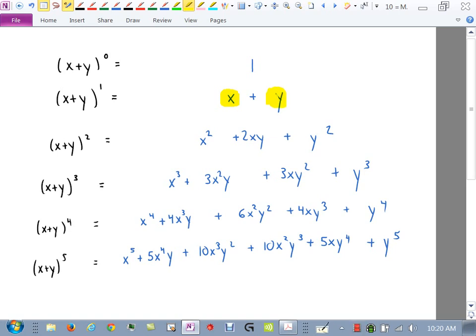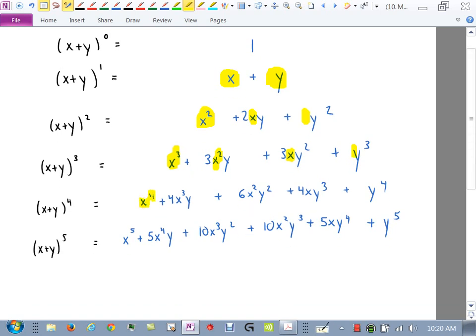No, so the power is gone from a 1 to nothing. Then 2, then 1, then nothing. 3, then 2, then 1, then nothing. Next row, x to the 4th, x cubed, x squared, x, and then nothing. Last one, x to the 5th, x to the 4th, x cubed, x squared, x, and then gone, right? What's the pattern on the y's?